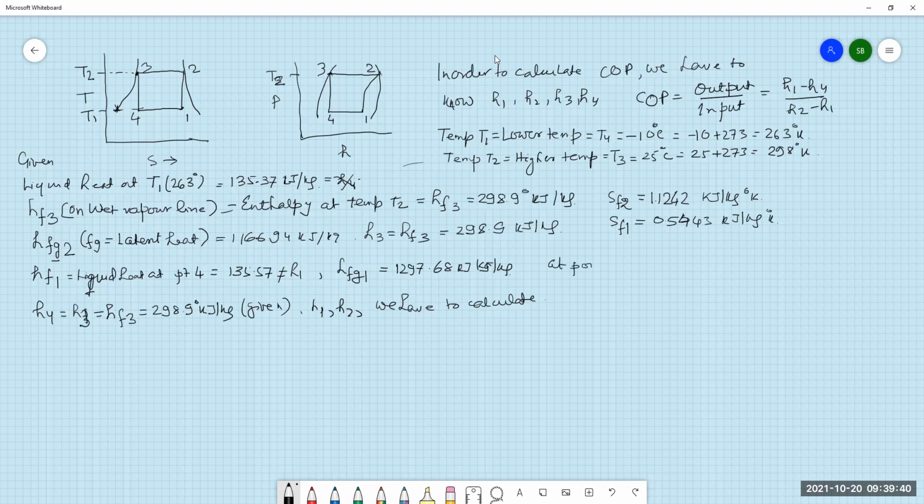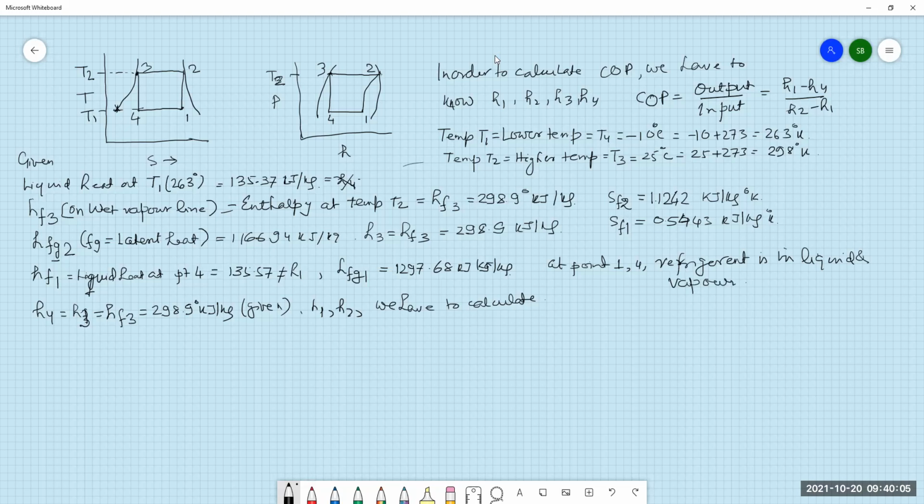So at points 1 and 4, the refrigerant is in liquid and vapor form, which means it is neither standing on the liquid line nor on the vapor line, but in between them.